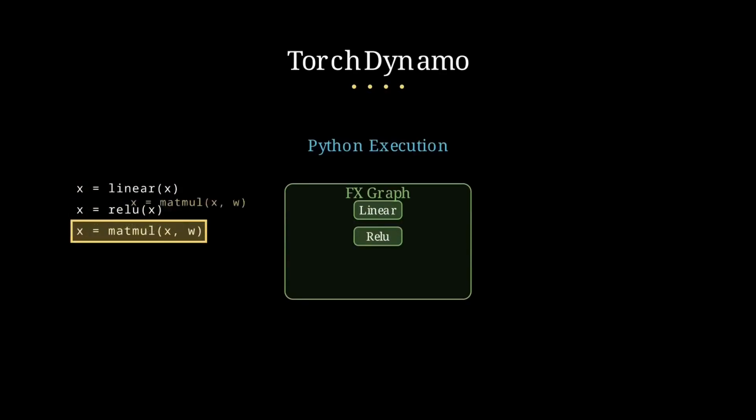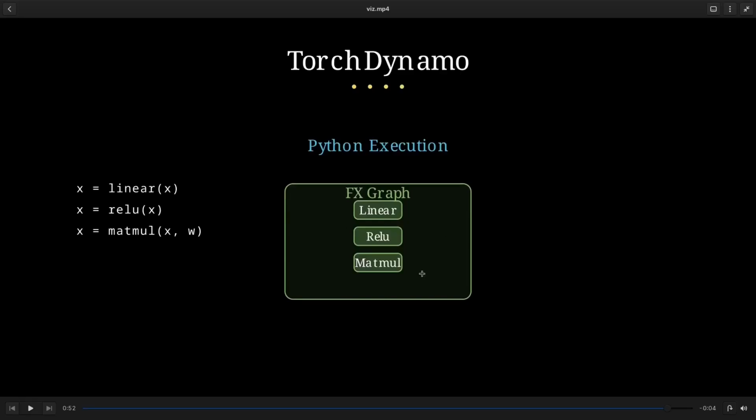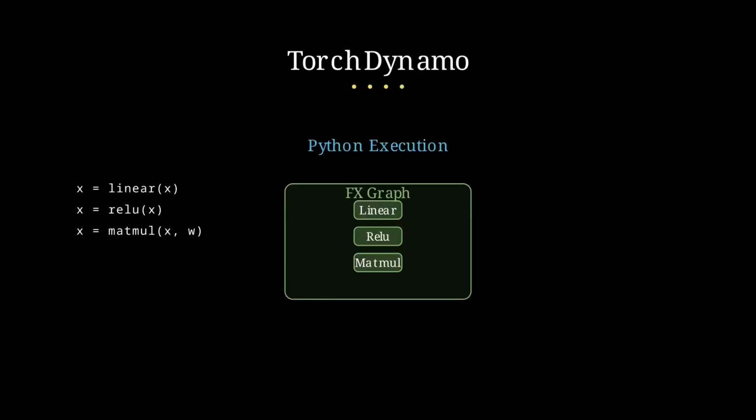Every operation becomes a node, and by the time execution reaches the end of the region, TorchDynamo has built a complete graph describing everything that happened. If you notice something here, your original Python code never changed. TorchDynamo didn't rewrite your program, it simply observed the execution and built another representation beside it. That's basically the key idea.